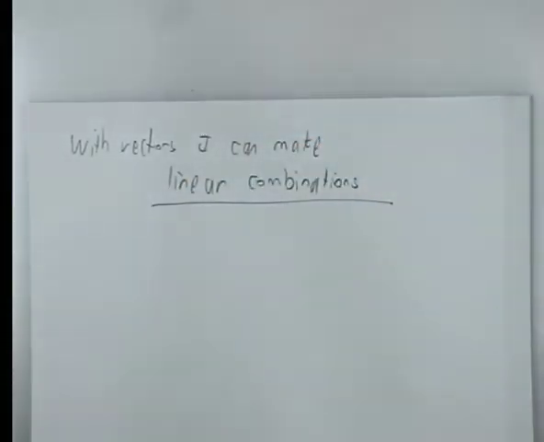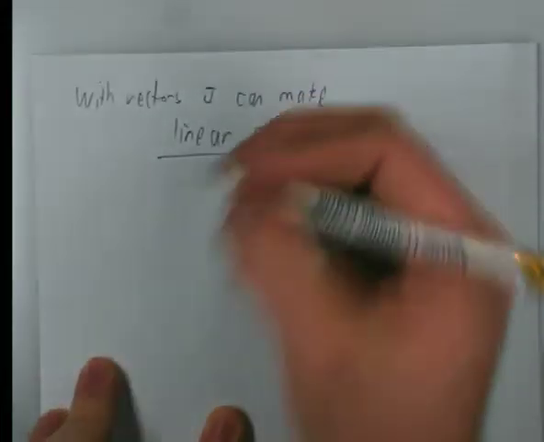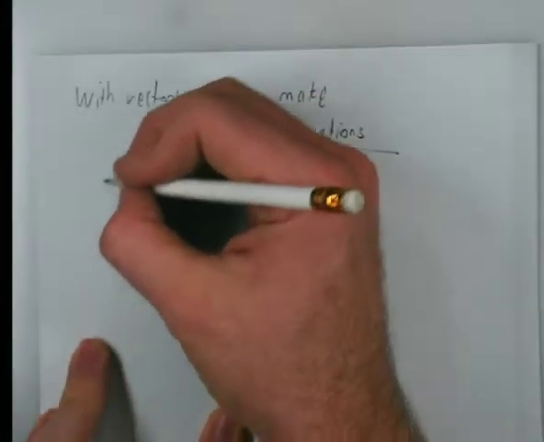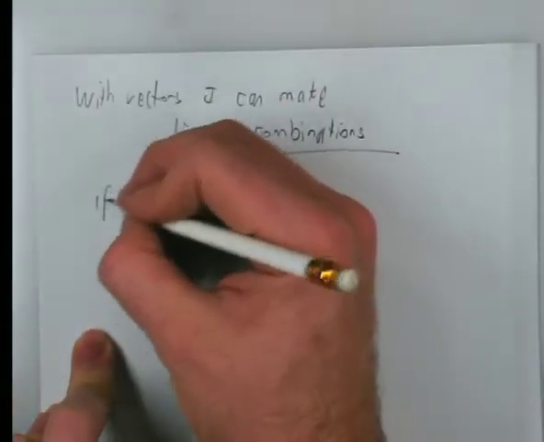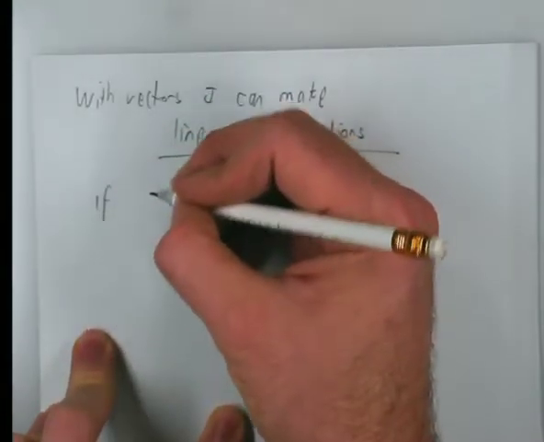A linear combination is doing addition and scalar multiplication simultaneously. Okay, so basically, this is the definition of linear combination.